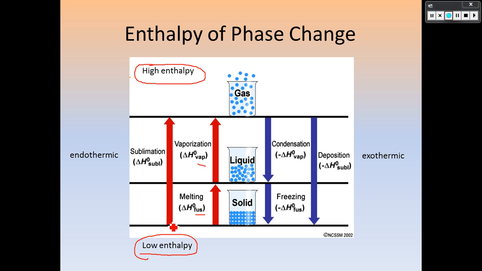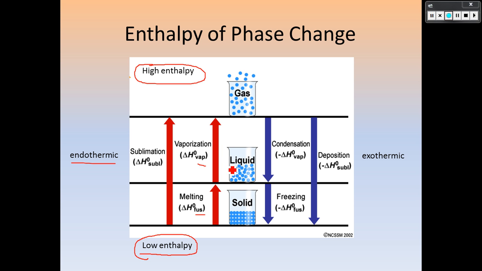And so you'll notice that liquids are at higher enthalpy than solids, meaning these reactions are endothermic, that the energy of the product is higher than the energy of the reactant. It takes energy to do that. In other words, energy is lost from the surroundings in order to make that reaction proceed.